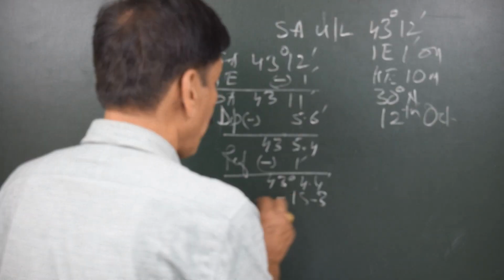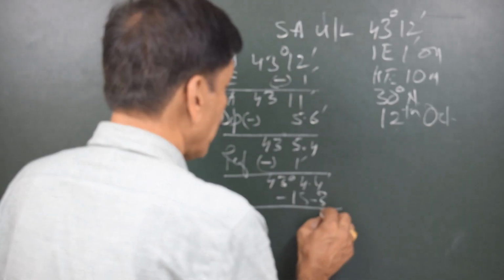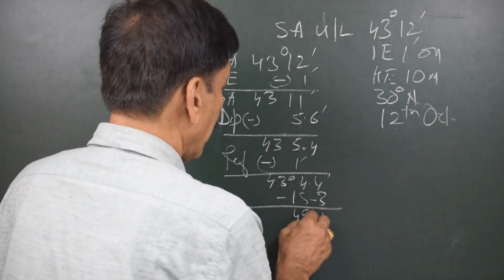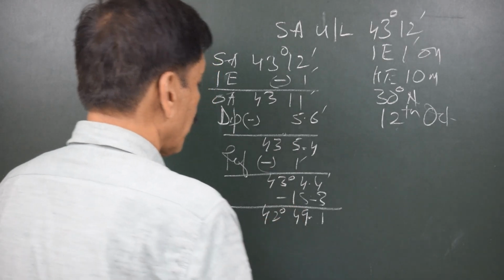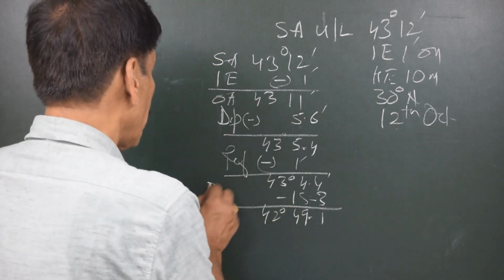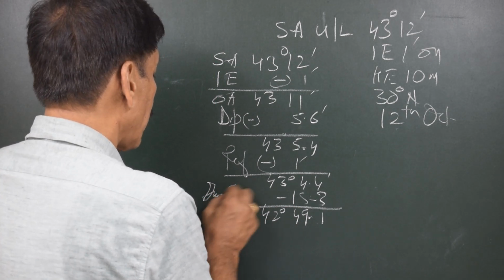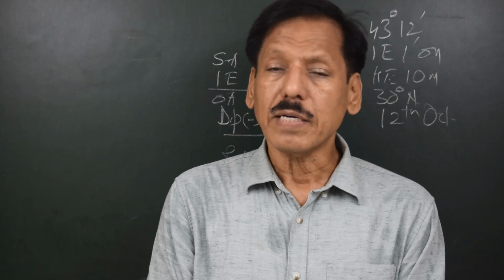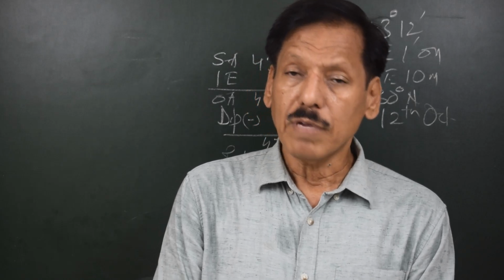Because it is the upper limb, I would subtract the correction, and I get 42 degrees 49.1 minutes. This is the augmented semi-diameter.